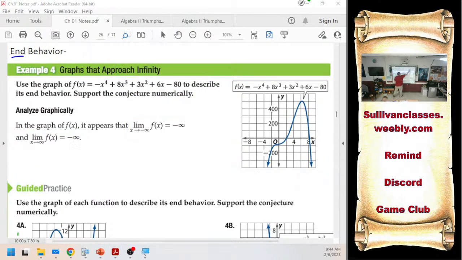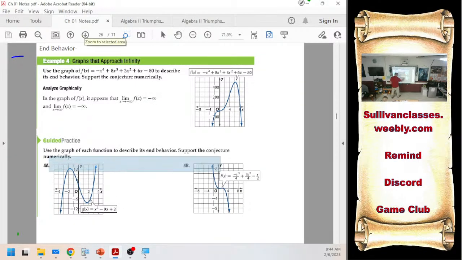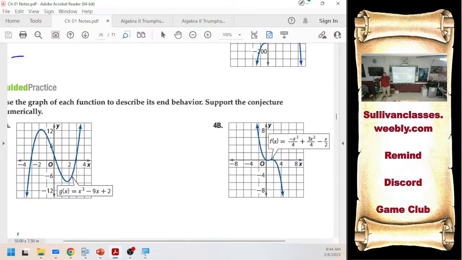The difference between now and Algebra 2 is you're just going to write those as limits. So tell me, what does this do as I go all the way to the right and all the way to the left as end behavior? My limit of my function as x goes all the way out to infinity is what?